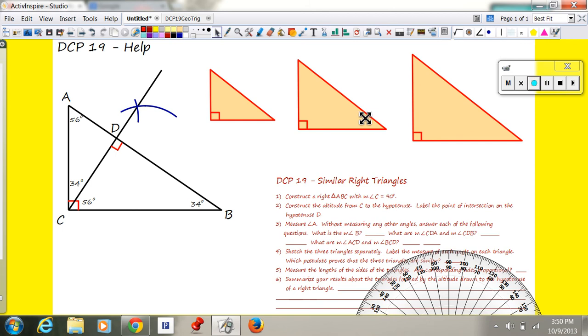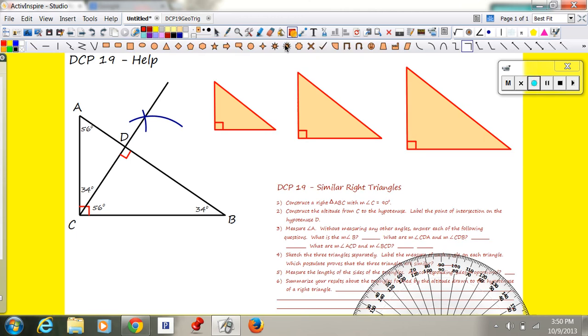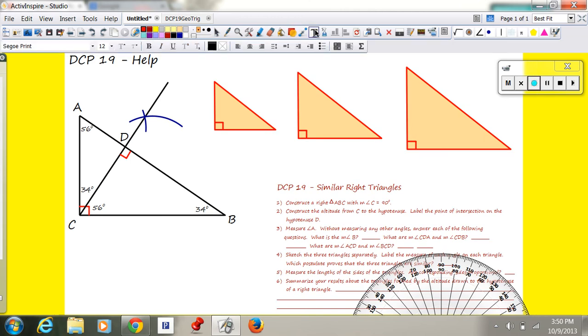Alright, so if this first triangle right here represents this little triangle right here, that means that this bigger angle up here, the bigger angle across from the bigger side, is 56 degrees. So this just represents my 56 degree angle.